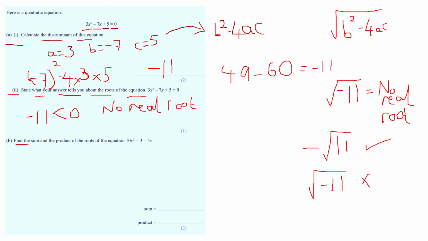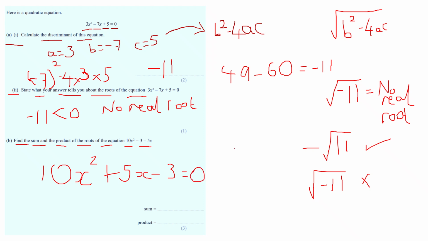Part (b): find the sum and the product of the roots of the equation 10x squared equals 3 minus 5x. So step 1, make the quadratic equal to 0. I'm going to add 5x and subtract 3. So I have 10x squared plus 5x minus 3 is equal to 0.